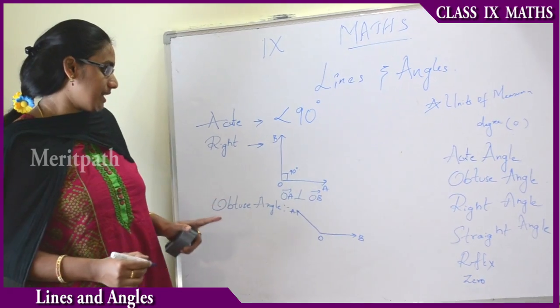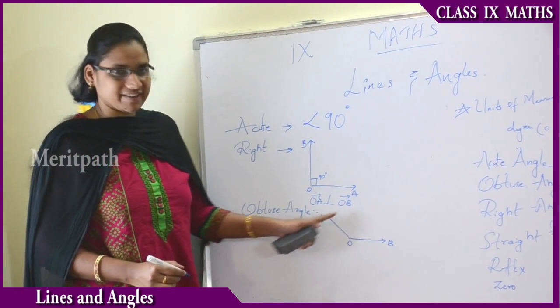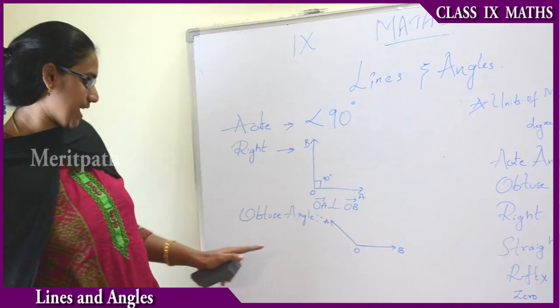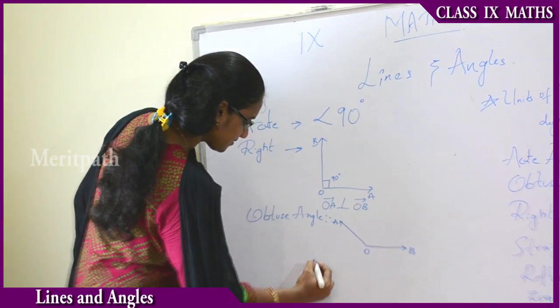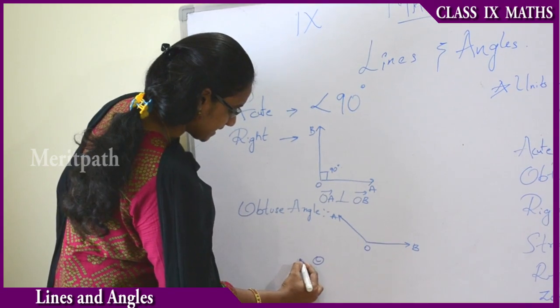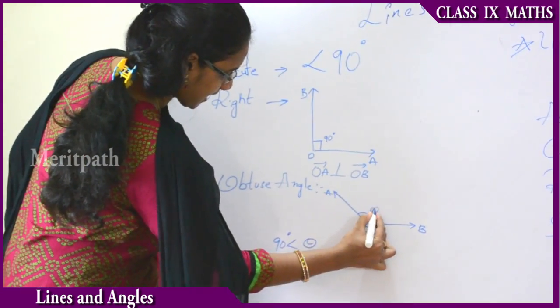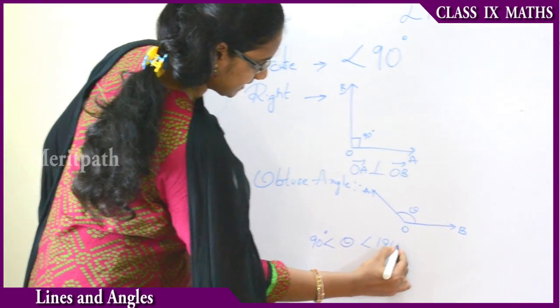Please note down the point: the angle whose measure is greater than 90 degrees and less than 180 degrees is known as an obtuse angle. Theta is greater than 90 degrees and less than 180 degrees.